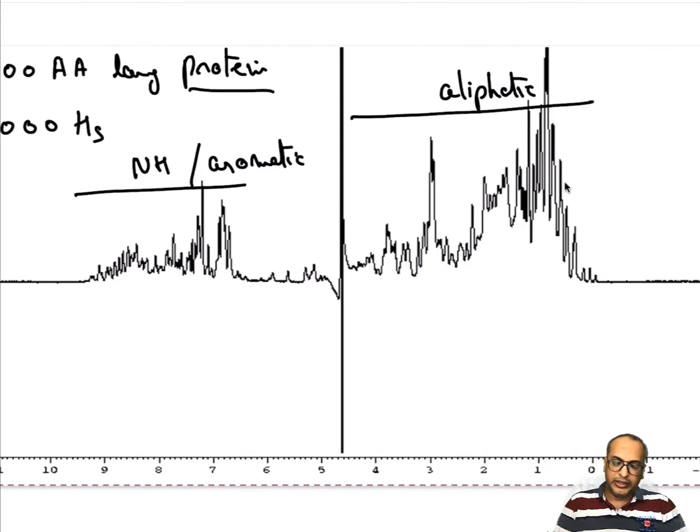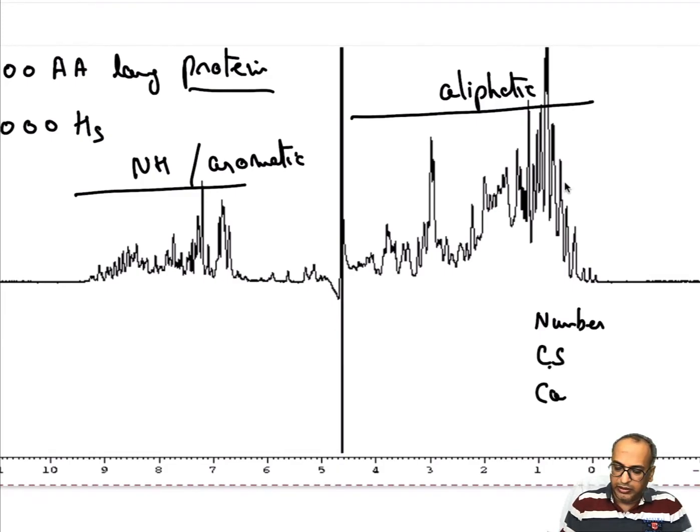So then what do you do in such a situation? How do you go about it? We have learned that there are different properties including number, chemical shift, coupling, and line width, right?